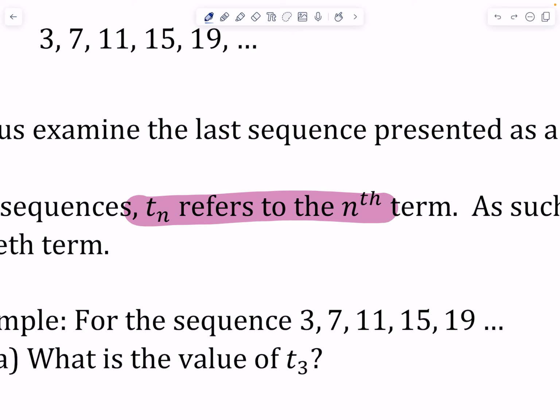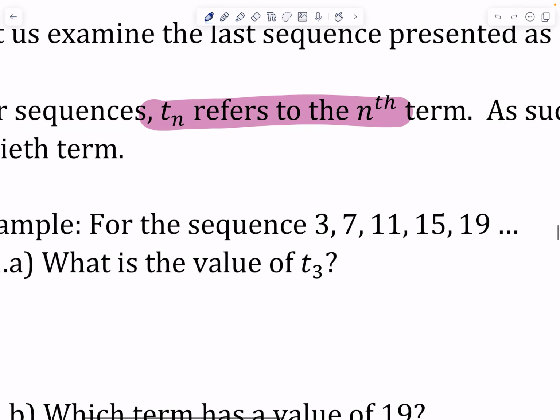So when we look at this sequence, 3, 7, 11, 15, 19, and then it keeps going on forever, this 3 is the first term. That's T1. This 7 is the second term, so that's T2. This 11 is the third term. That's T3. And this 15 is the fourth term.